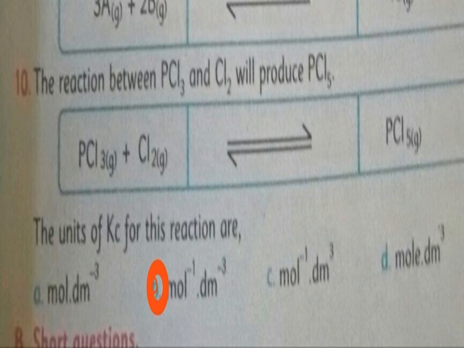So here is 1 mole per decimeter cube and here will be 2 mole per decimeter cube. So this mole per decimeter cube cancels out with the other mole per decimeter cube, and after that we get 1 by 1 mole per decimeter cube. So that will be equal to per mole per decimeter cube. So this is the right option for this 10th question.